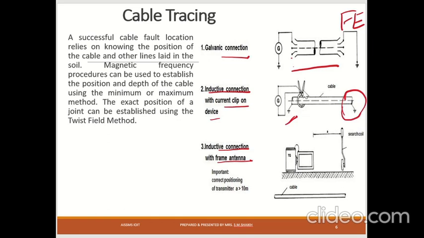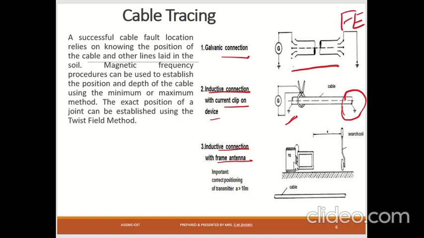A clamp-on meter is connected at one of the ends near the cable, surrounding the cable, through a galvanometer, and we try to trace the path. So the current sensing is done, and the galvanometer detects the current, so we know we are going in the right path, we are tracing the right cable. The next one is the inductive connection with frame antenna.